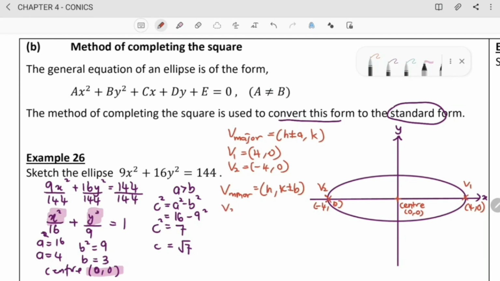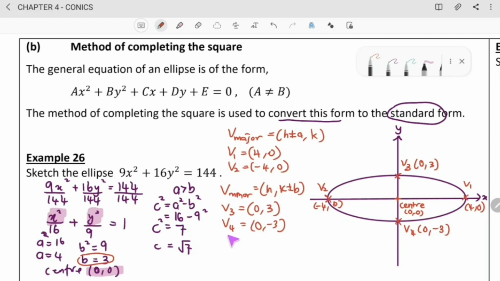Our b is 3, so h is 0, k is 0, so 0 plus 3, and v4 will be 0 minus 3. And then we label it here: v3 is 0, 3, and v4 is 0, negative 3.